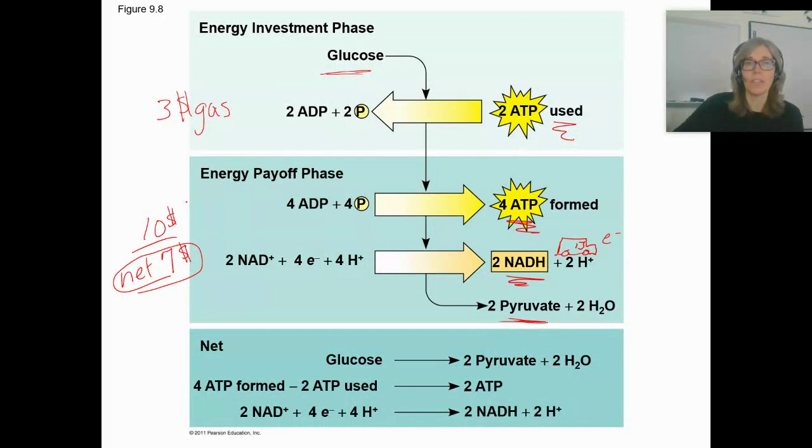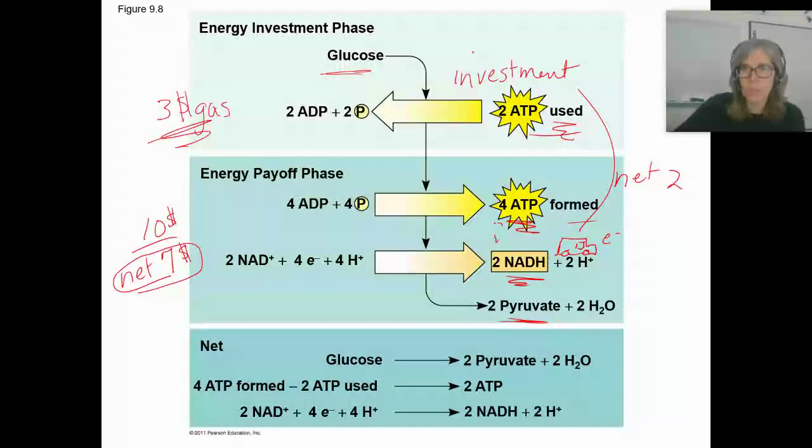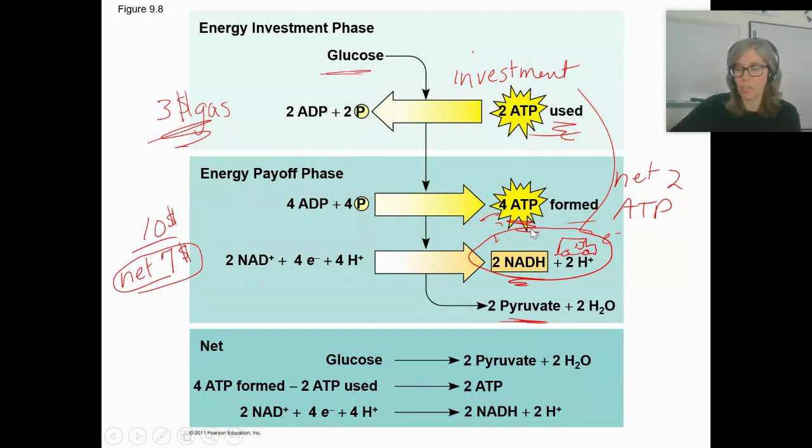So you would be making $7, but you've got to invest in the beginning. So it's very similar here. We're going to call this the investment phase. You have to use 2 ATP in order to make 4. So overall, your net number of ATP is 2. Net 2 ATP. And then you also make these delivery molecules, which will be really important in aerobic cellular respiration.